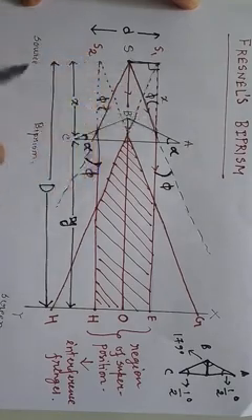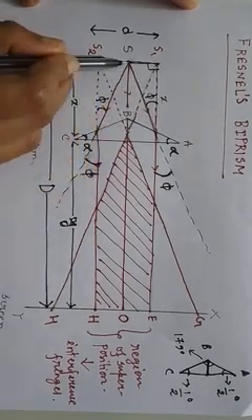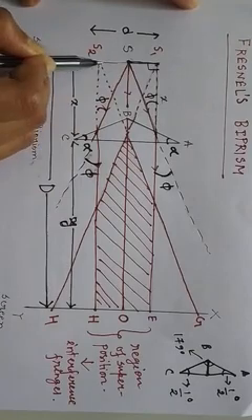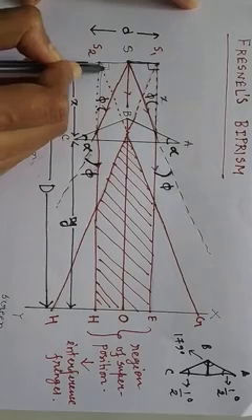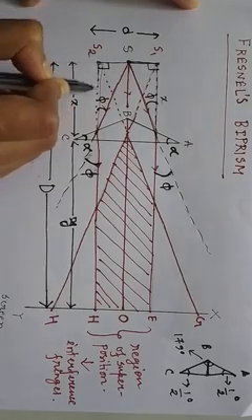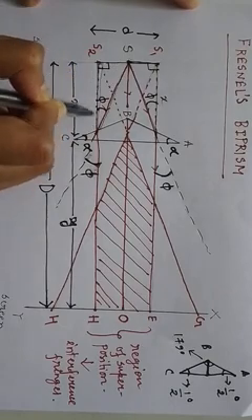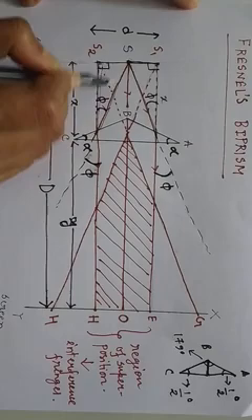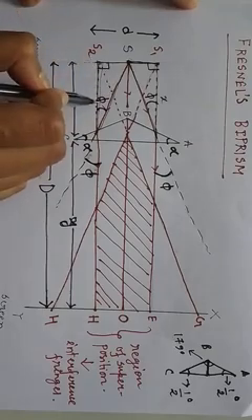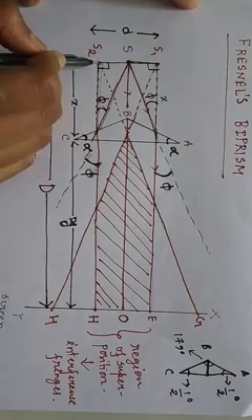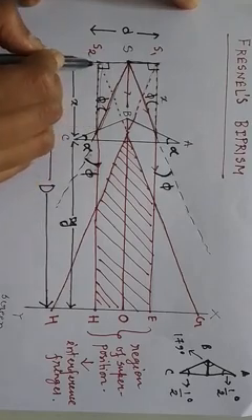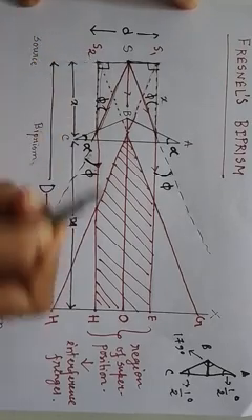Again for this triangle, this angle is 90 degrees, this is the base, this is the perpendicular, and this is the hypotenuse, and this angle is phi. So tan phi is equal to perpendicular by base, which is SS2 divided by x.